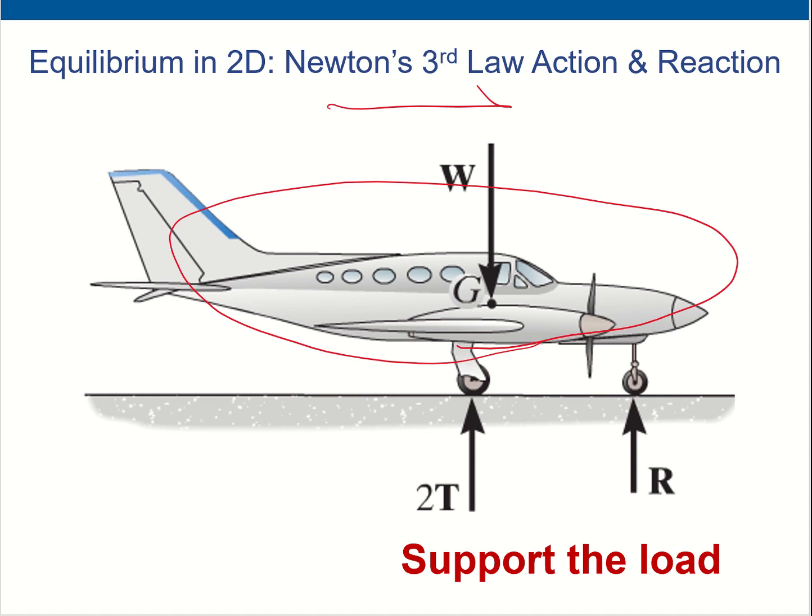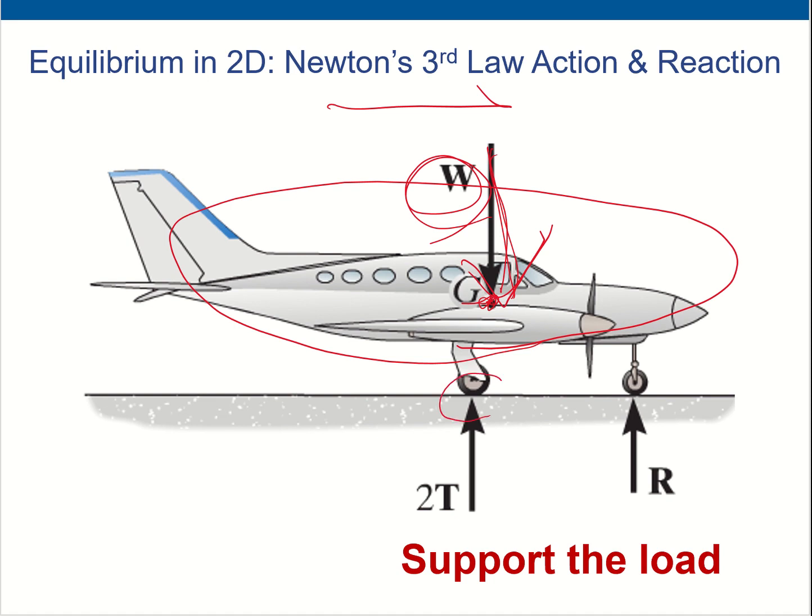So we call this a rigid body, and there is a center of gravity of this airplane, and we can express the weight using only one force. The force is the weight of this airplane acting on the center of gravity.